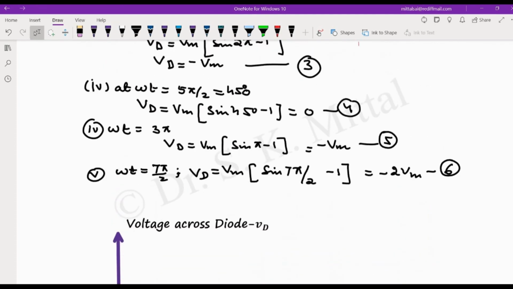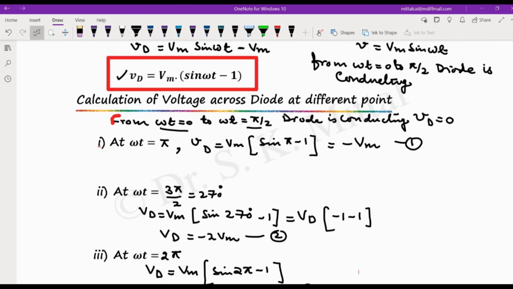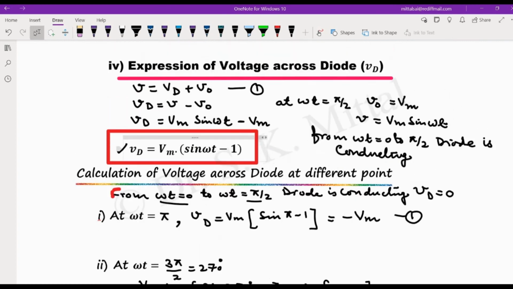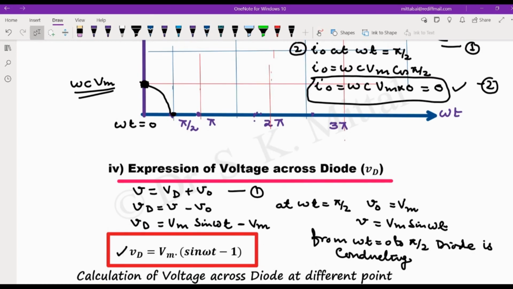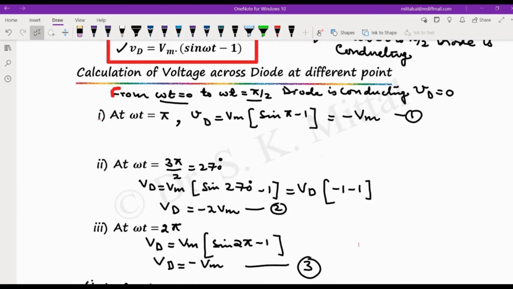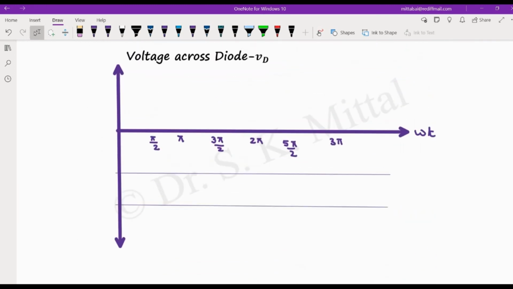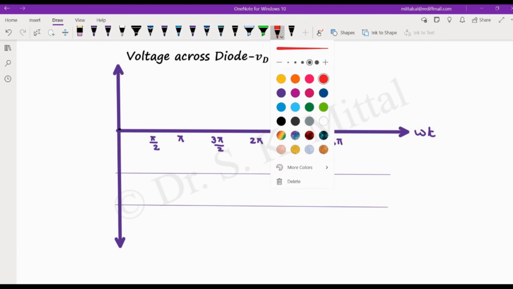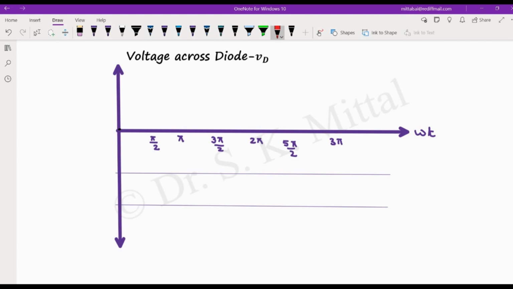So now we see that from omega t is equal to 0 to omega t is equal to pi by 2, diode is conducting. And if diode is conducting, then we can consider the voltage across diode 0. So therefore from omega t is equal to 0 to pi by 2 under the conducting mode, we can consider the voltage across diode 0.